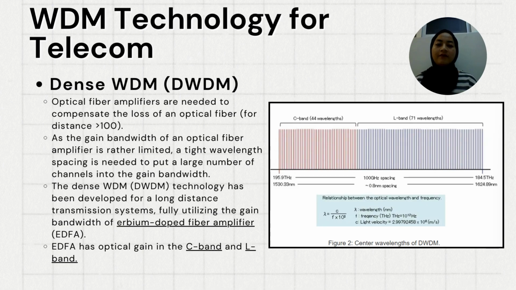DWDM technology has been developed for long-distance transmission systems, fully utilizing the gain bandwidth of the erbium-doped fiber amplifier, or EDFA. This EDFA has optical gain in the C band and the L band, which we can see in Figure 2.